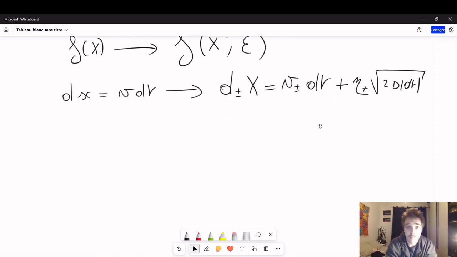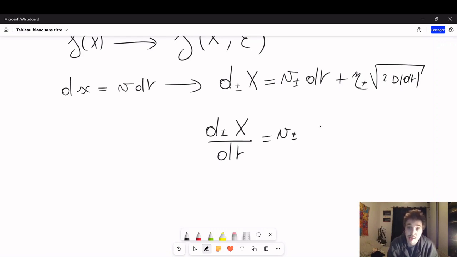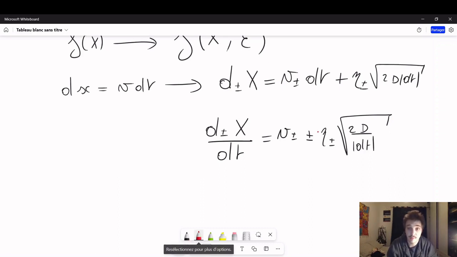Okay? Now, this means that if you want to define, let's say, the velocity of the process, d plus minus x over dt, you're going to get v plus minus, which is well defined. It's a quantity that is defined for all values of dt, plus something, and it should be a plus minus here, that is explicitly dependent on the resolution variable here, dt. This is the epsilon here.